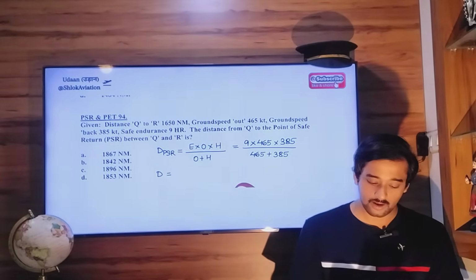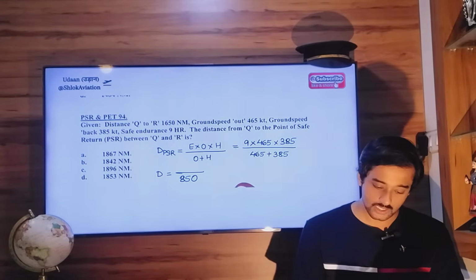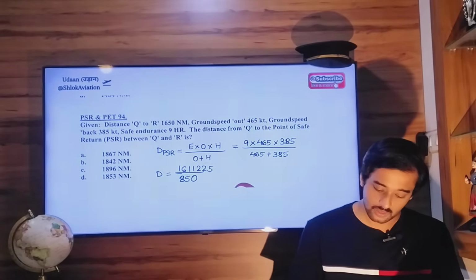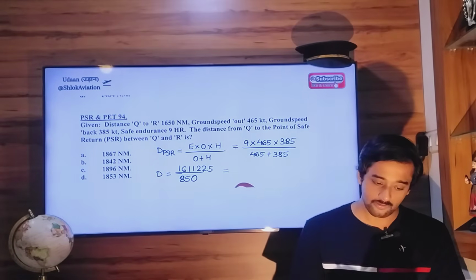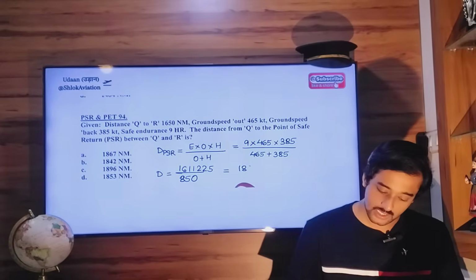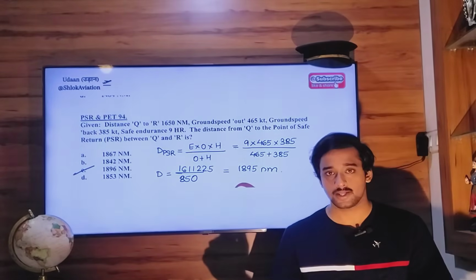So 465 plus 385 is 850. 9 into 465 into 385 is 1611225. Divide by 850. 1895. So the distance is 1895 or Charlie 1896 miles.